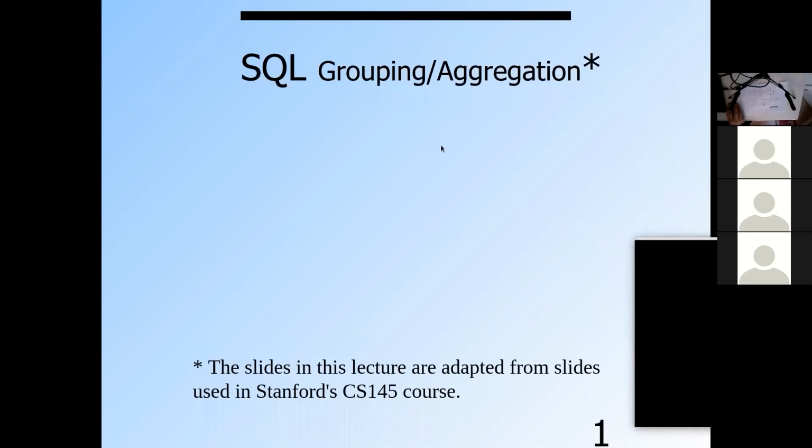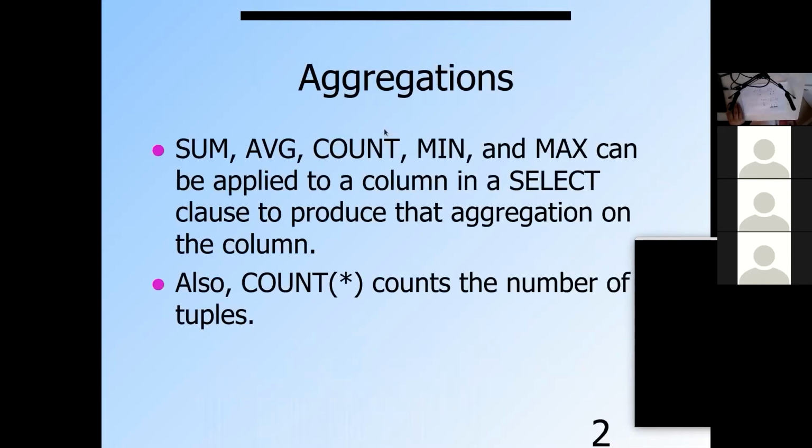Okay, very good. So now we're going to talk about aggregation. If you remember in the relational algebra, we were doing that gamma operator. That's exactly what makes it into SQL. Formally, it's doing the same thing.